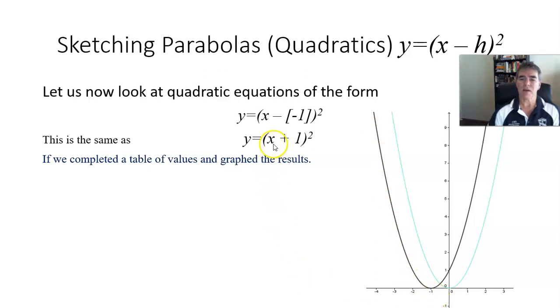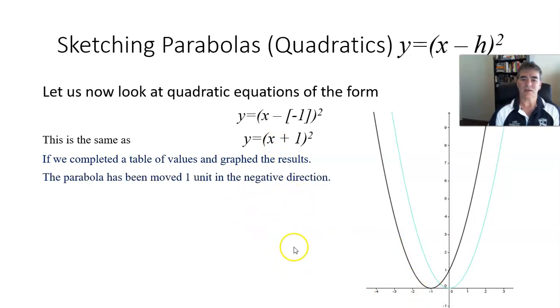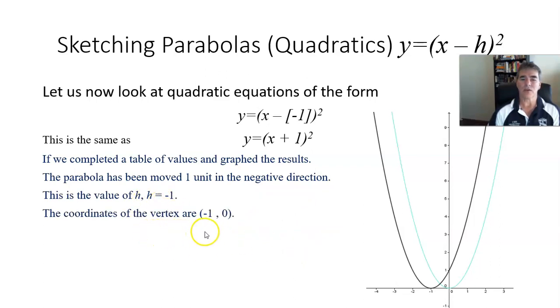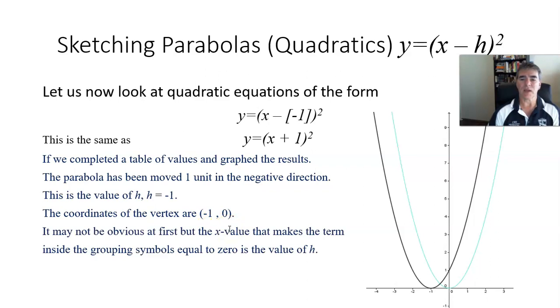So remember, whatever x value makes this 0, so negative 1 plus 1 would be 0, actually helps us with our vertex. So it's been moved 1 in the negative direction, so to the left. Our h value is negative 1, and so the coordinates of our vertex are (-1, 0). So that's quite useful to actually know.